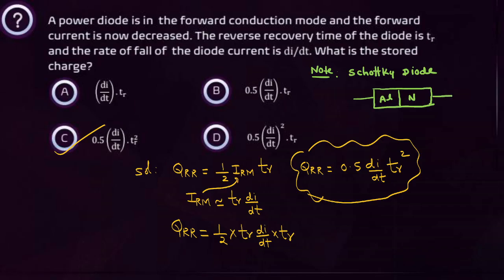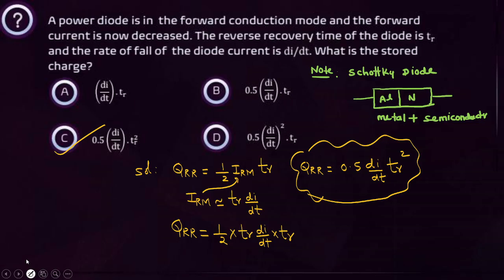We know that in most diodes, the combination is all semiconductor layers, but this is the combination of metal plus semiconductor. Aluminum is the metal, and the semiconductor layer is the N layer.